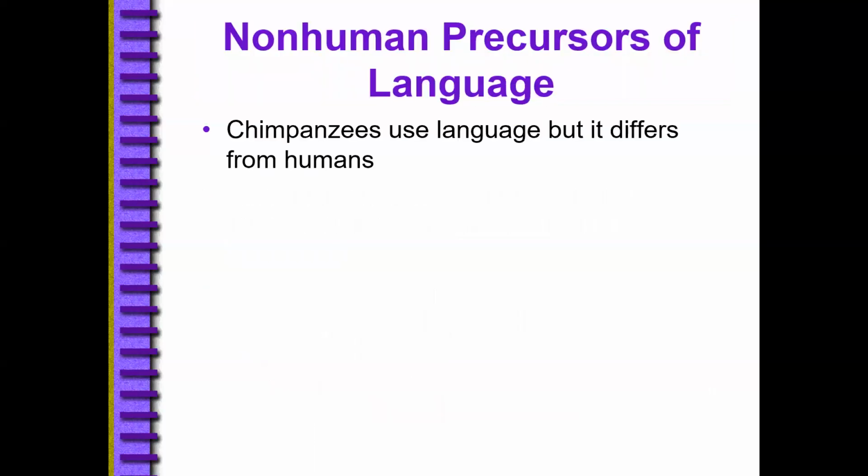Let's talk about a few examples. There has been research trying to teach language or trying to communicate between humans and other species. There's been a lot of work done with chimpanzees. A lot of people do think that chimpanzees do use language, but it is different from human language.